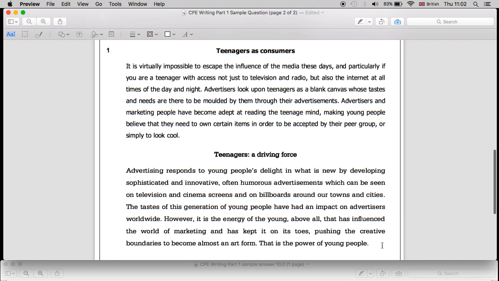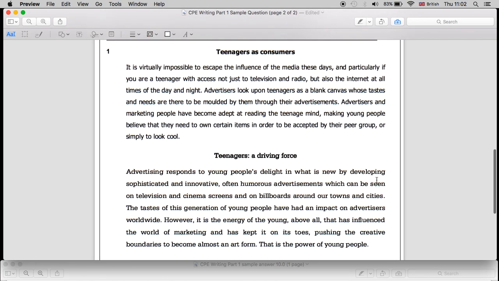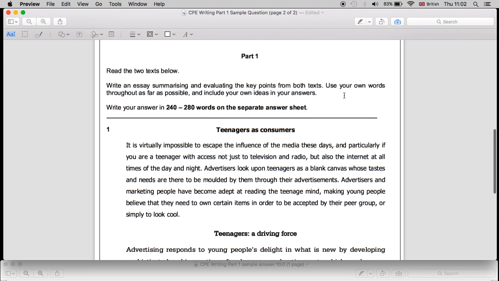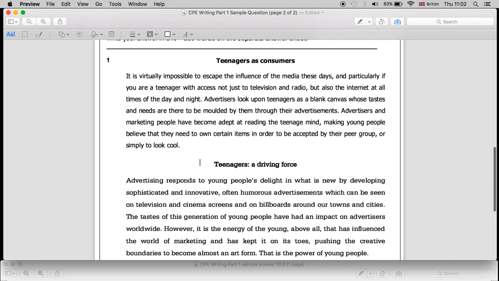All right, so this is our task. We're meant to summarize each, and again, using one's own words, so not lifting from the text. Use your own words. So instead of writing molded by, one could write something like influenced and manipulated by or shaped by.